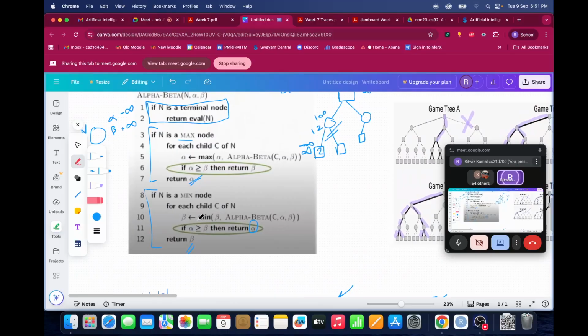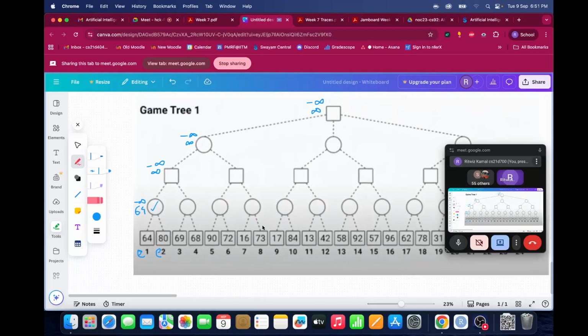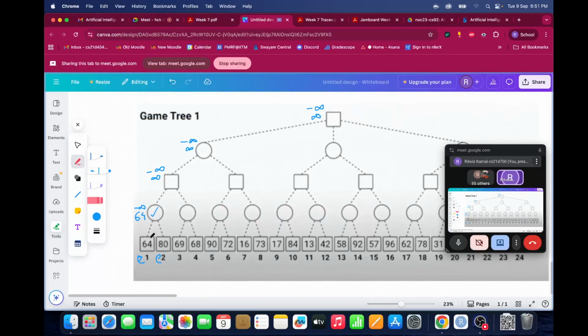Remember, beta value is updated only to a minimum of the current beta value and the alpha-beta value returned by the child. 64 only, right? Because 80 is greater than 64, so this will not be updated. Now that both E1 and E2 children of this min node have returned their values, this will also have a specific value associated with it, and we can say that this will have a value 64.